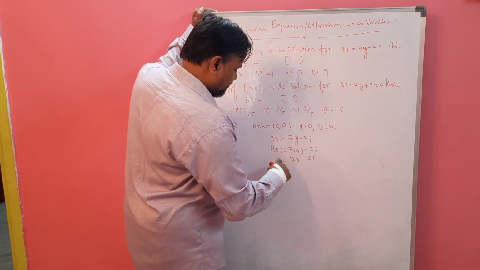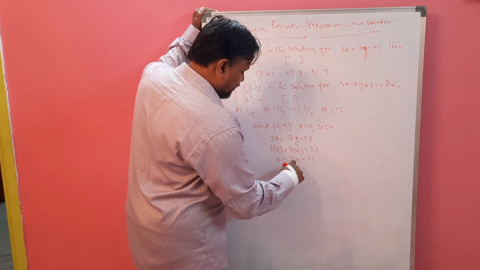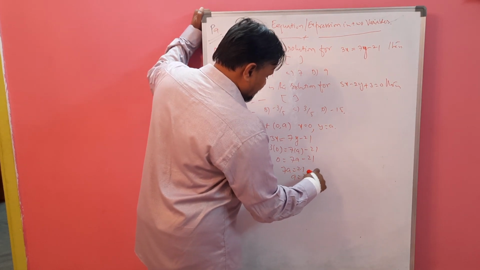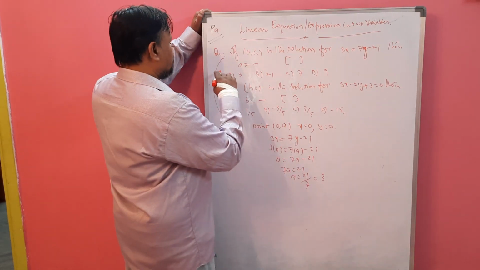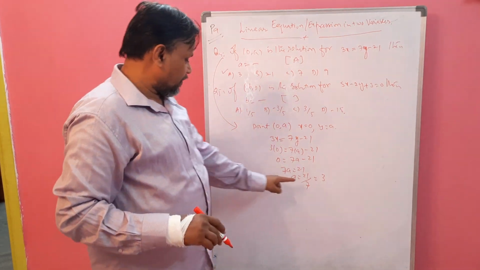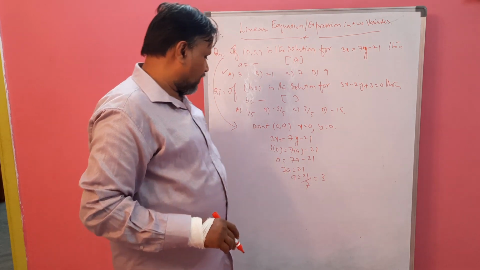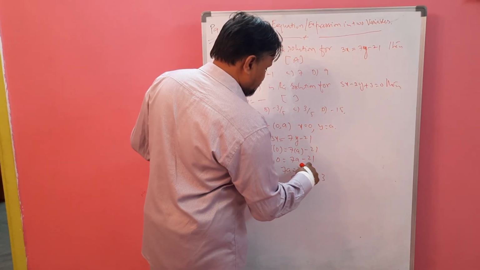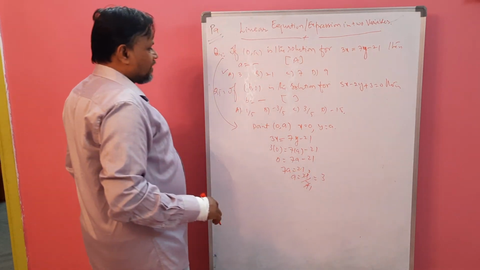Move this number to this side: 7a equal to 21, a equal to 21 by 7, that is 3. So the first option is your answer. 7 ones are 7, 7 threes are 21, so it gets cancelled. Now this is 3. Okay, like that we can do it.